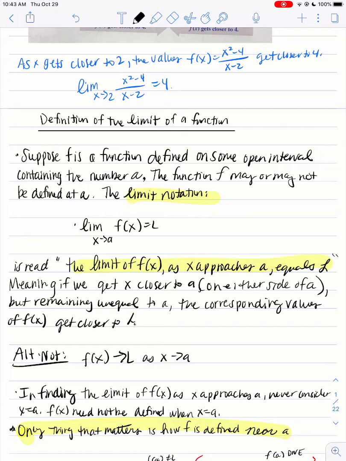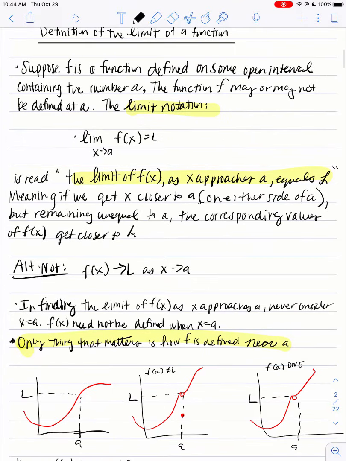But the limit notation, the limit as x approaches a of f of x equals L, is read, the limit of f of x as x approaches a equals L, meaning that if we get x closer to a on either side of a, but remaining unequal to a, the corresponding values of f of x get closer to L. Another alternate notation is f of x arrow L as x arrow a.